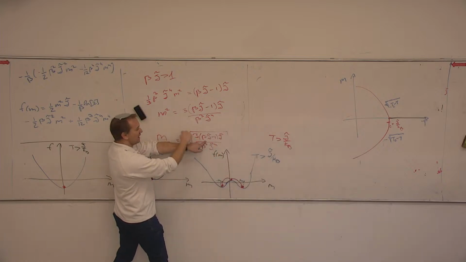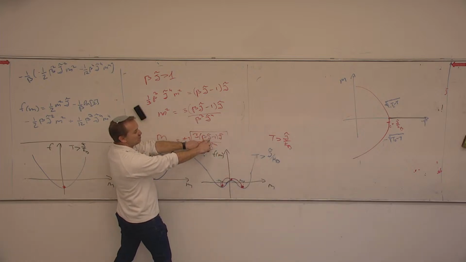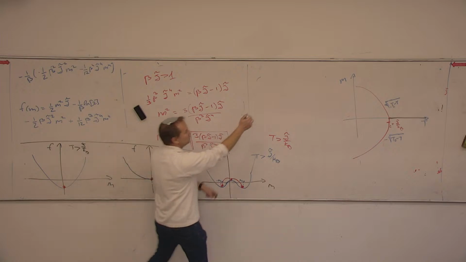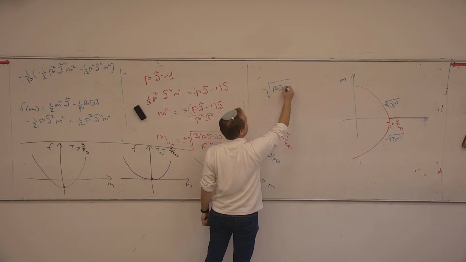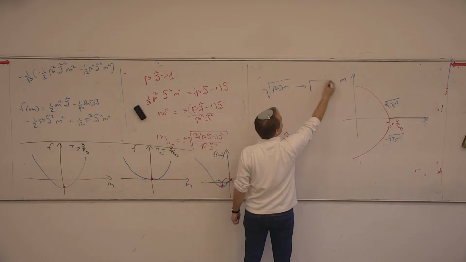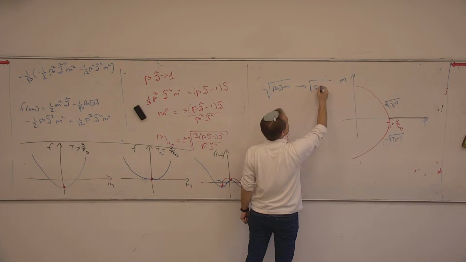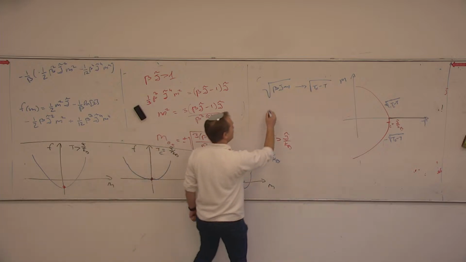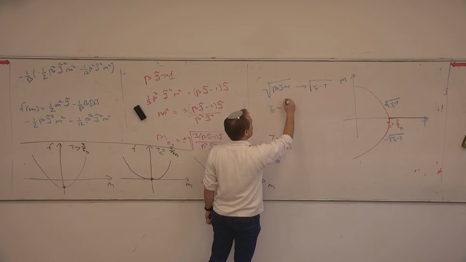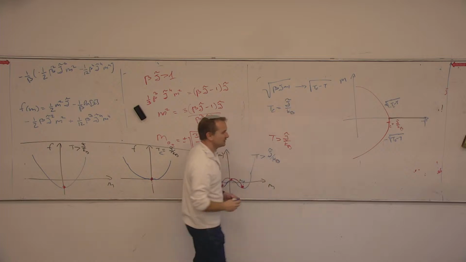Expand this: you have a square root of beta J tilde minus 1, which gives us the square root of Tc minus T, because I know that Tc equals J tilde divided by K Boltzmann.